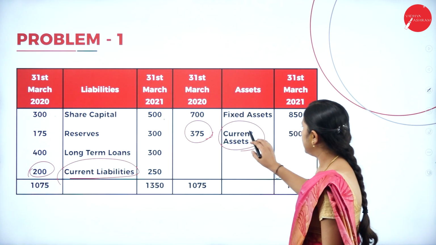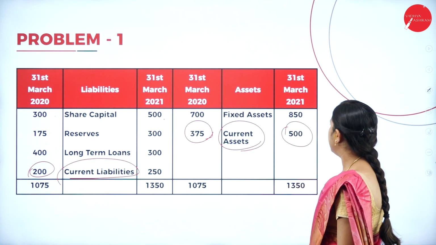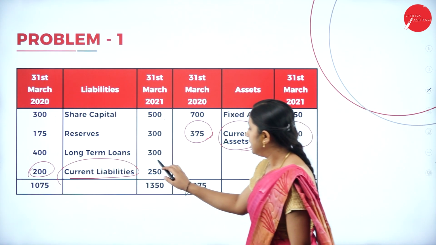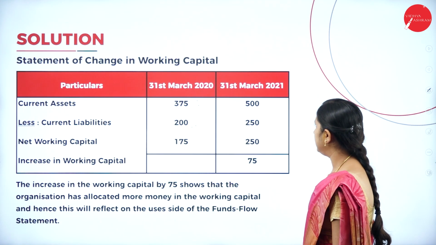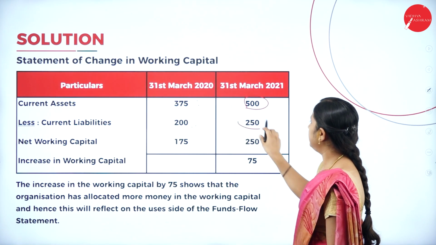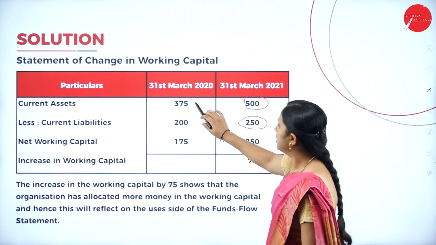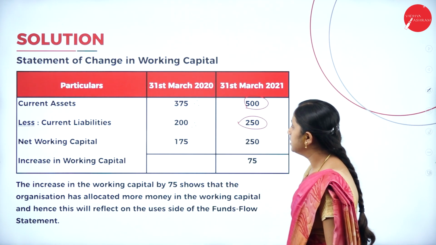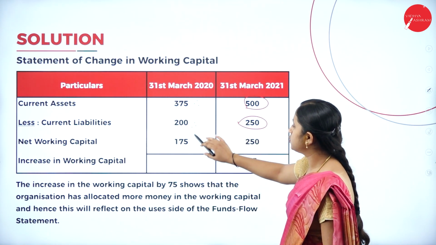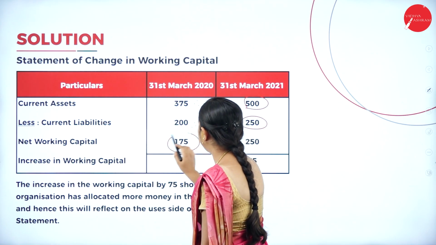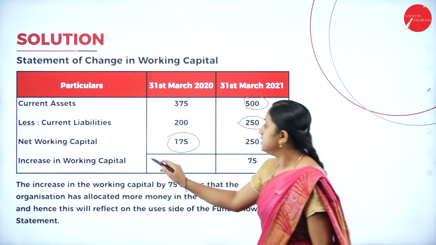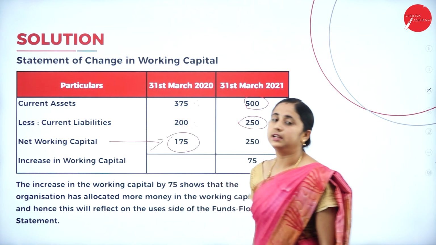Next, current year information: current assets is 500, liability is 250. Now find the difference. 375 minus 200 is 175. 175 is net working capital.